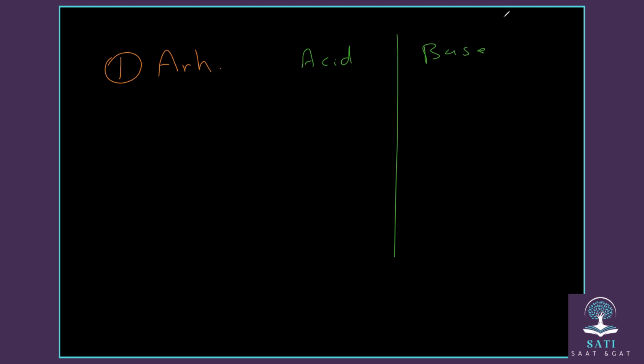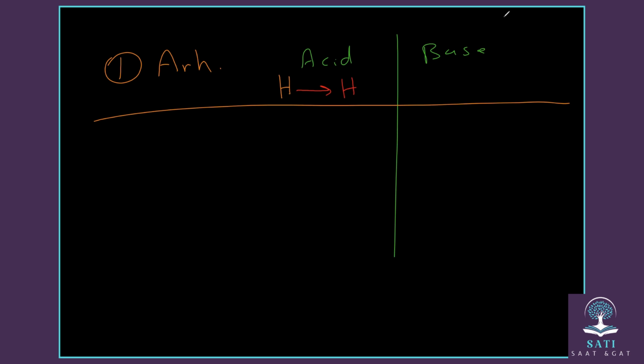What is Arrhenius' definition? Arrhenius said an acid is a chemical substance that has hydrogen atoms and donates hydrogen ions.